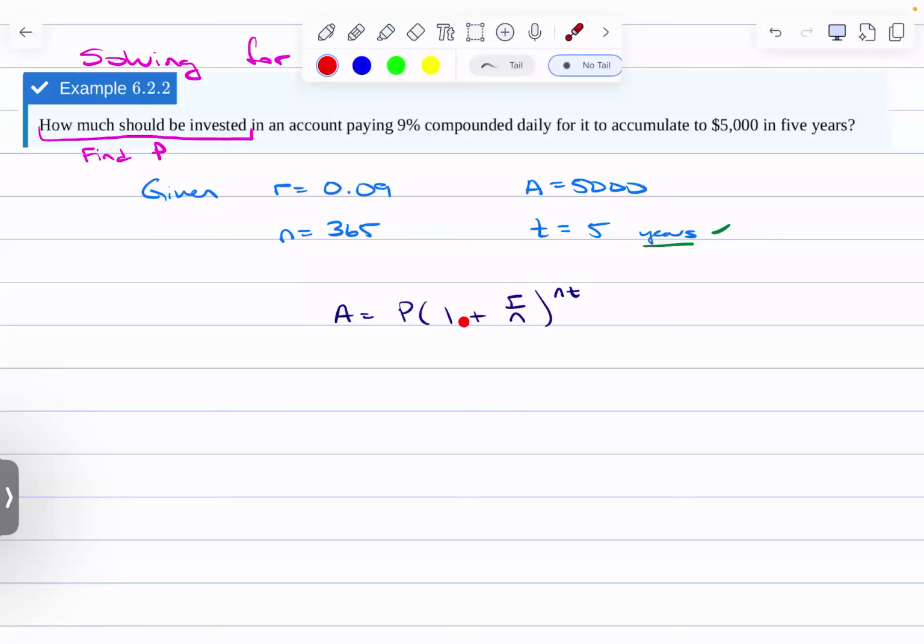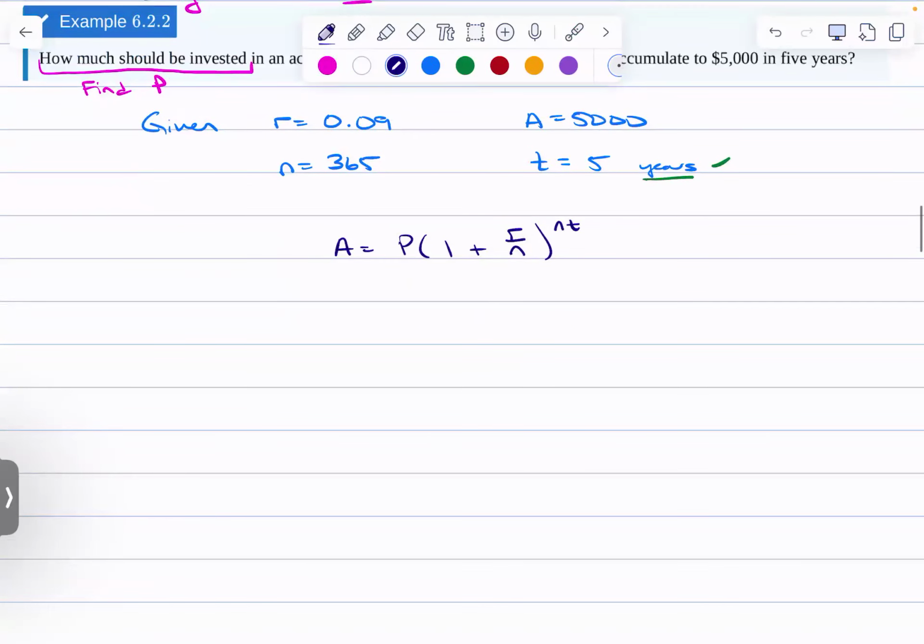Nice. So you could plug it in here and then simplify and move things over and solve for P with your numbers in there. What do you have to do to solve for P? You can use the variables, right? All you would need to do is divide A by this whole chunk.